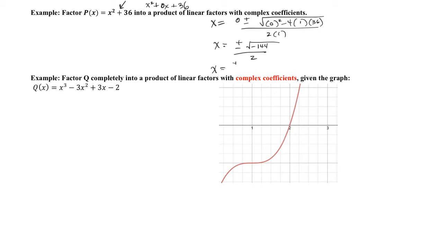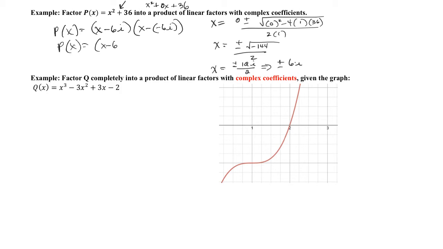So that means x is equal to plus or minus 12i divided by 2, which is plus or minus 6i. Okay, so that's one way to do it. So if I was factoring this, I'd have p of x equals x minus 6i and x minus negative 6i. You can leave it like that if you want, or you can simplify to x minus 6i times x plus 6i. Okay, so it's fully factored there.